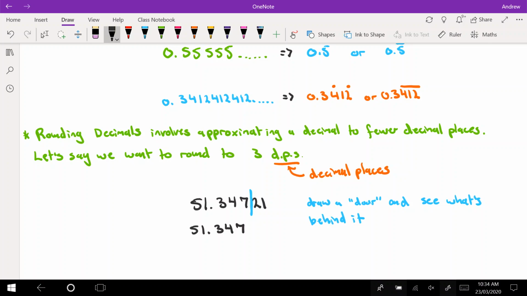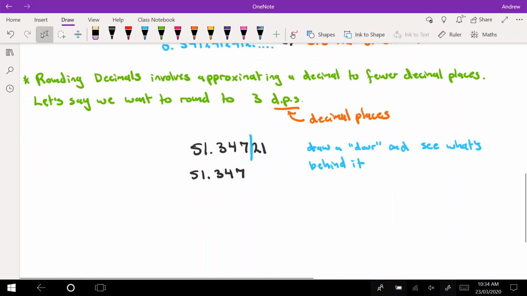Kate. We do not care about the 1. It is just the one number that's behind the door that we care about. Wait, why is the 2 gone? Because we've rounded down to 3 decimal places. That's why we draw our line there at 3, because all we care about is what's on the left of that blue line.